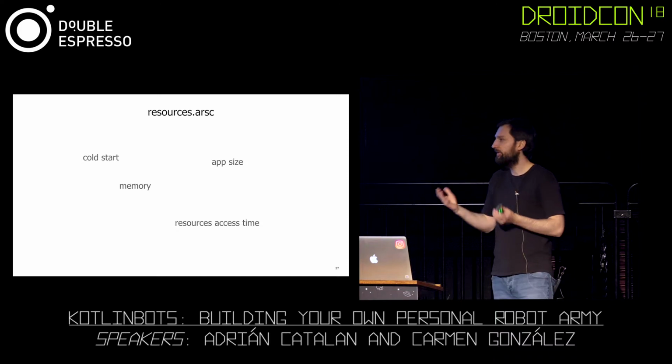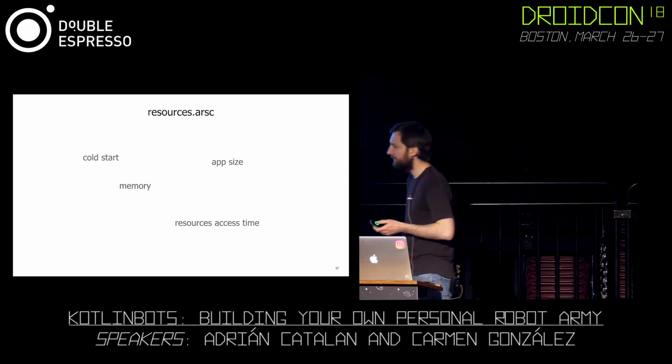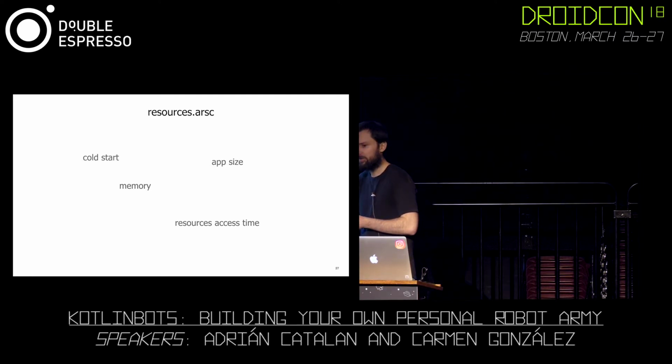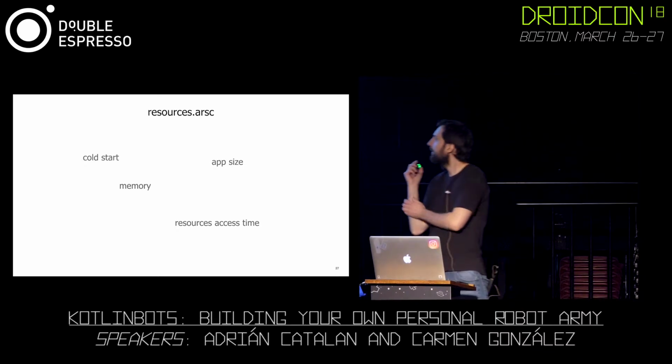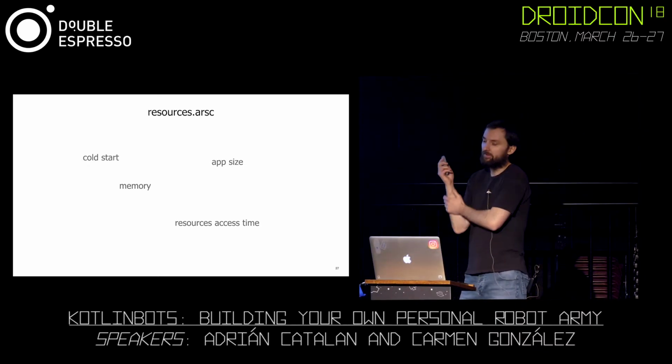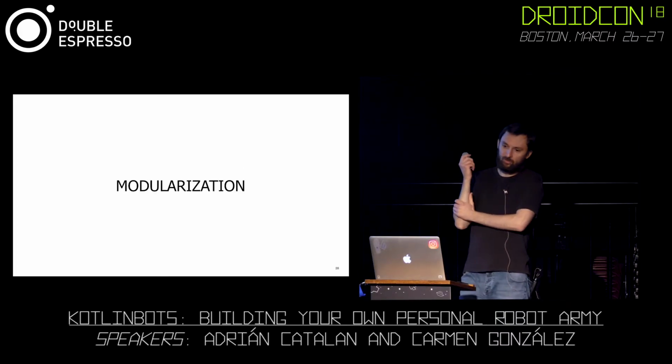So at the end of the day, if you want to play with this, you need to measure it and decide what's best for your app. I think by default, Android leaves this file uncompressed, so it chooses better cold start. Let me now switch to modularization.